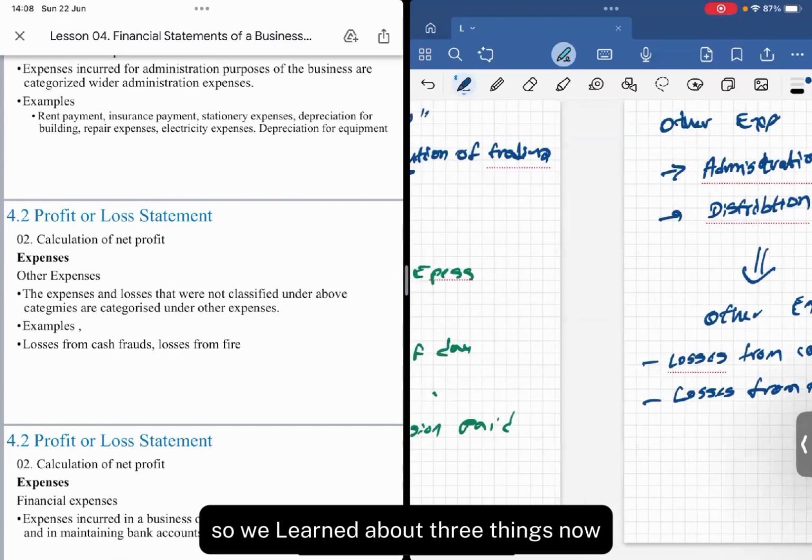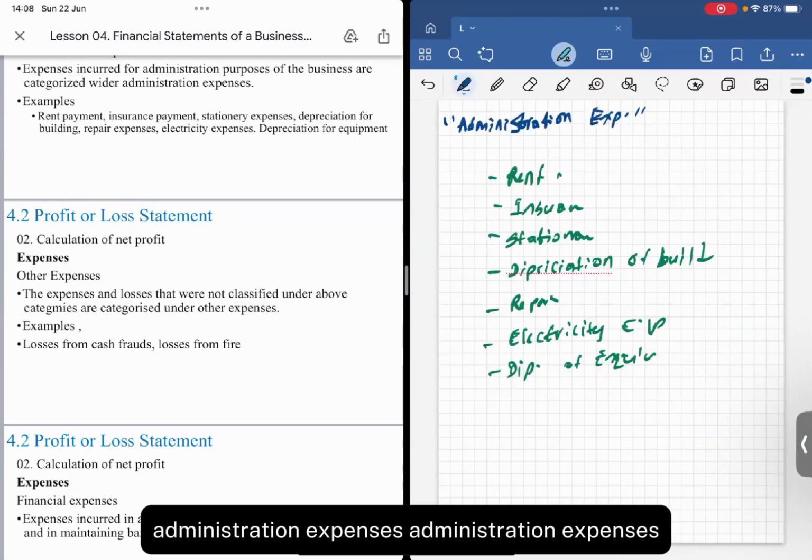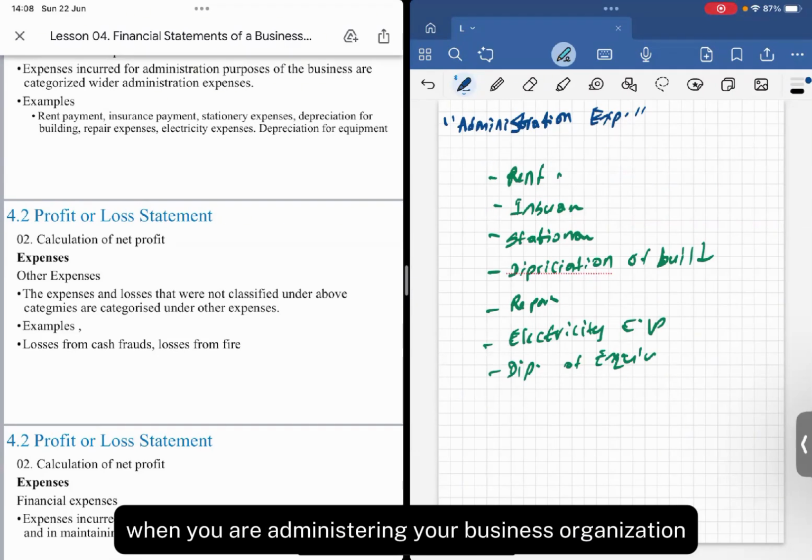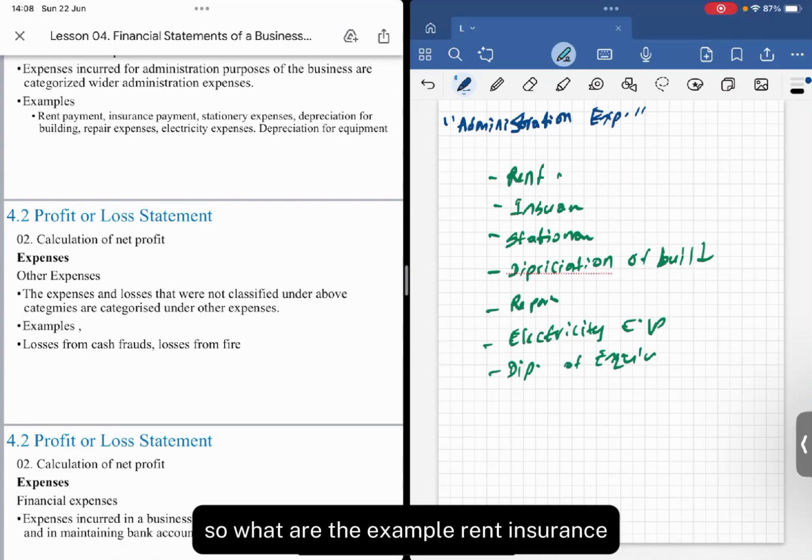Okay, so we learned about three things now. Administration expenses are the expenses that have to be incurred when you are administrating your business organization. So what are the examples? Rent, insurance, stationery, depreciation of building, repairs, electricity, and depreciation of equipment.